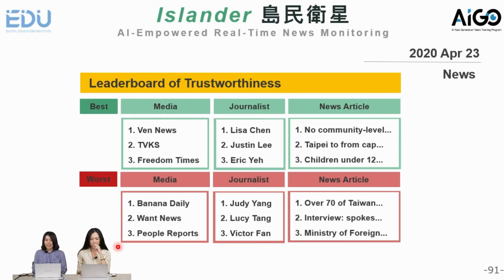It's just a platform to provide this evidence so that the reader can know whether this article or this media is good or not. Just to consistently monitor and automatically aggregate this information. Okay, so this is the example from the news domain.